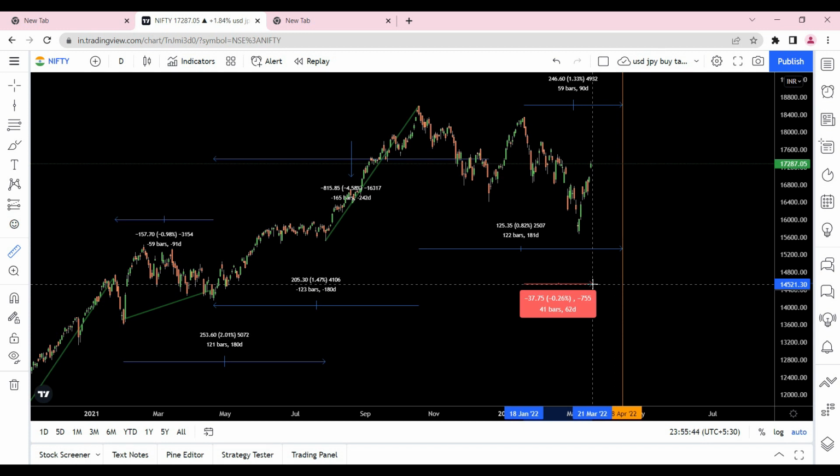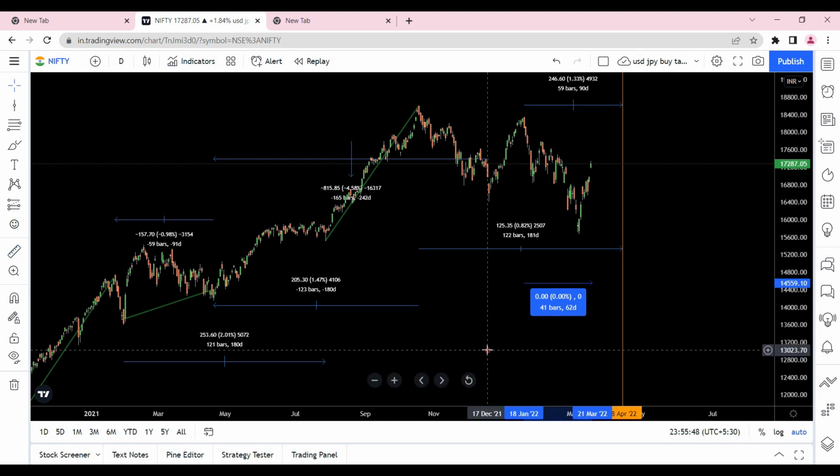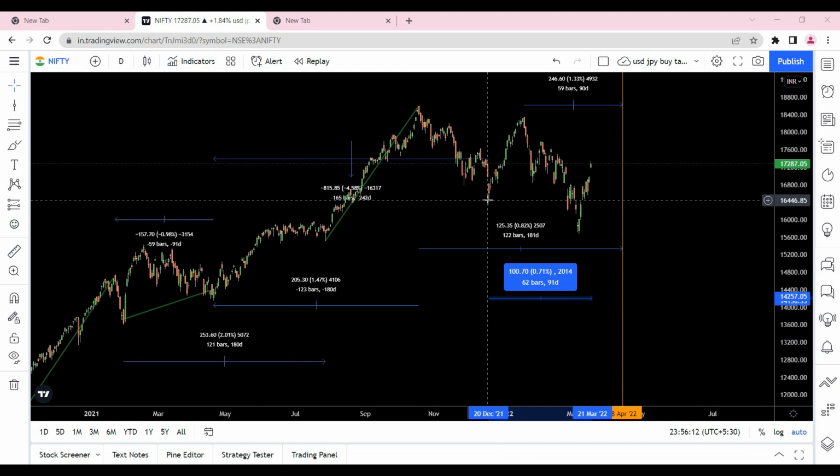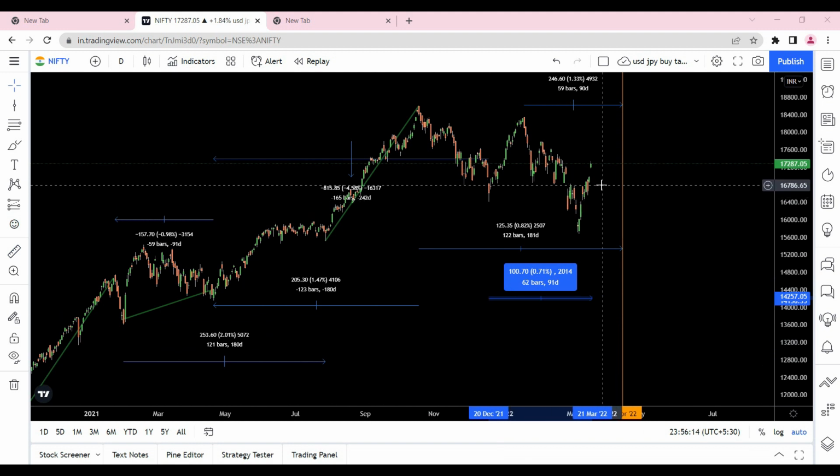So it's a very important date, March 21. Okay, from this low here, from here to March 21 is actually 91 days.